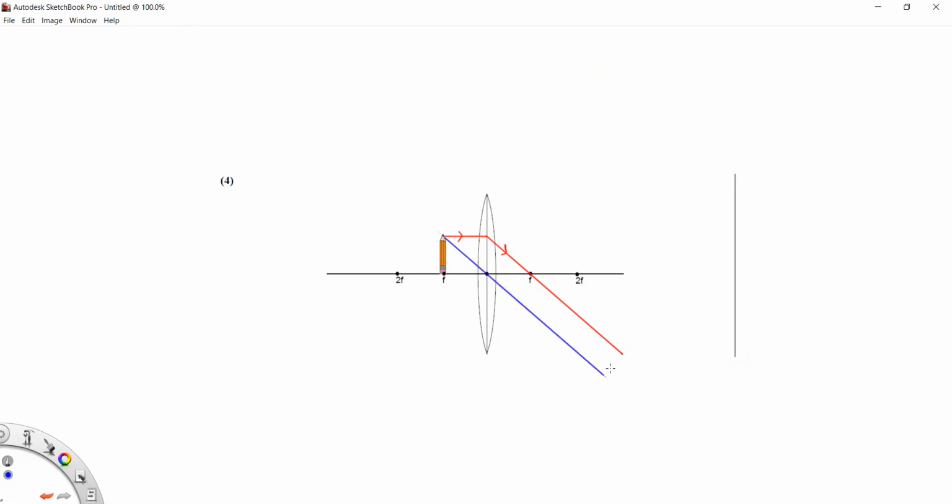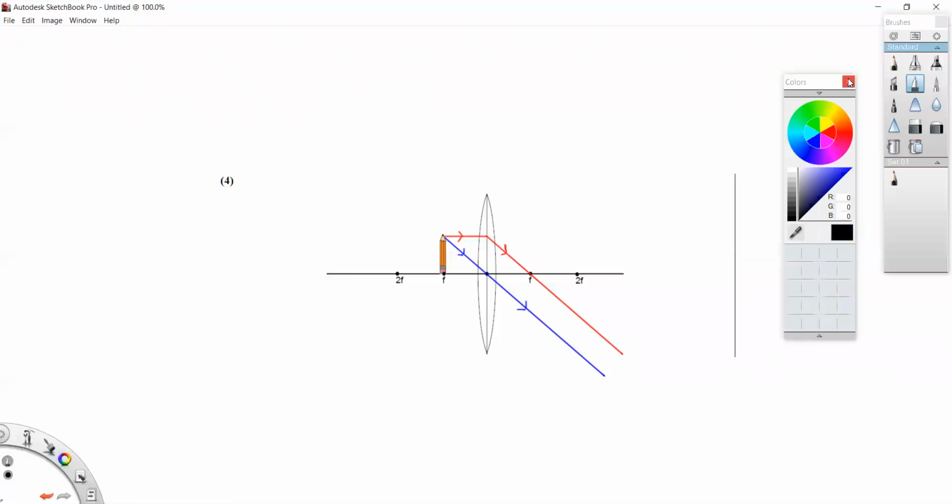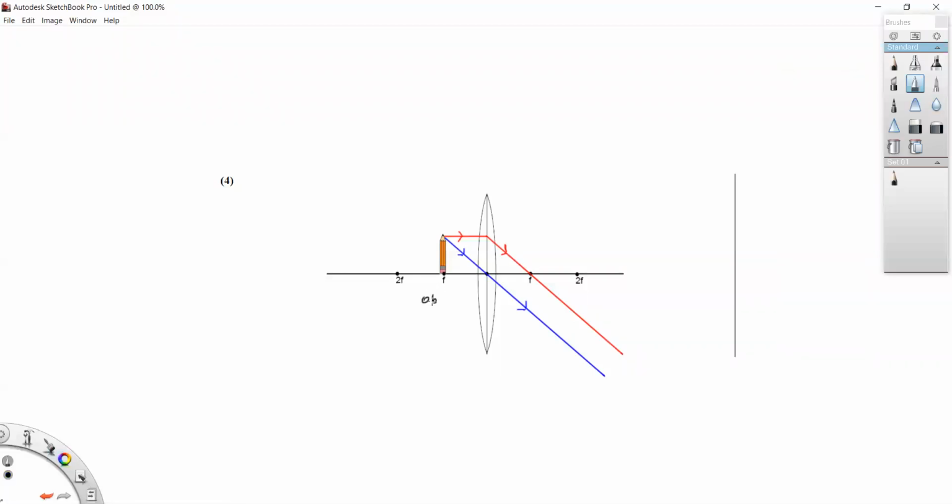Alhamdulillah. Now, yeah. You can see this. Now, this is easy. This is my object. Am I right? So I can write the object distance equal to f. But where is the image? You can't locate the image.